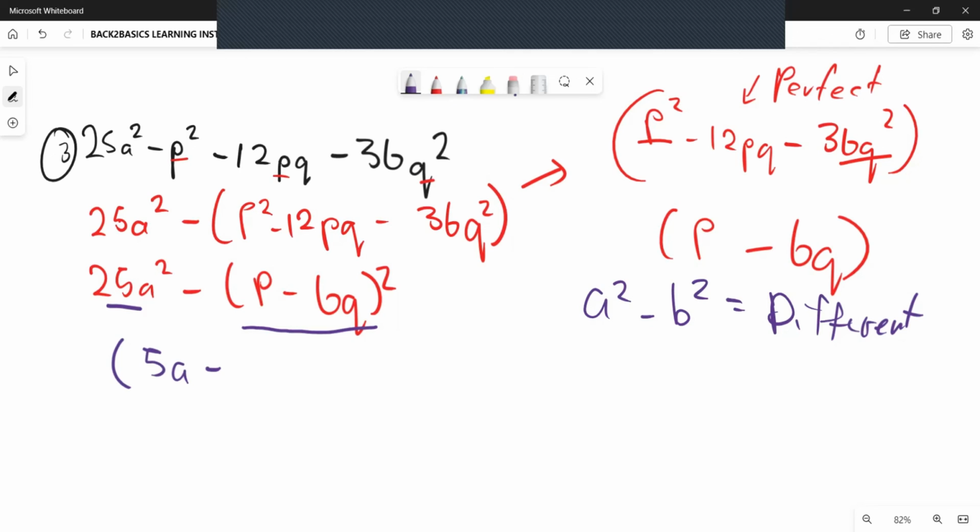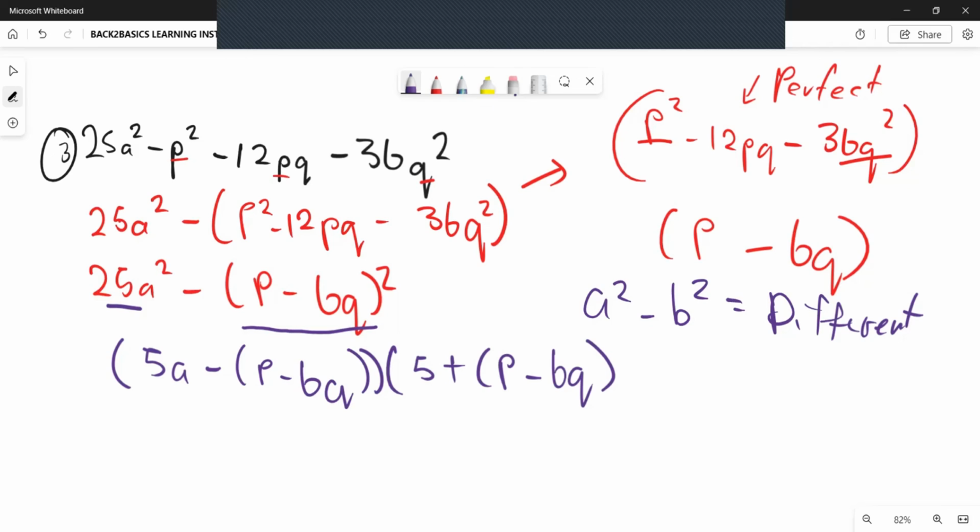Subtract what is going to be this bracket? It's going to be the same thing, isn't it? So this is going to be, in brackets, p subtract 6q, right? And now you get it. Then the other one is going to be 5a plus p subtract 6q altogether, because this was a difference of two squares altogether.